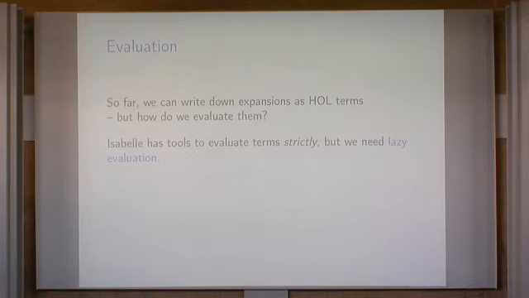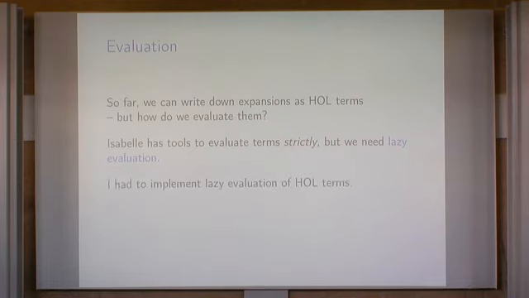Isabelle has, of course, several tools to evaluate terms, but always strictly. So this only works when you have a kind of a normal form, but we don't have this here because our lists can be infinitely long. We cannot just compute a normal form. We need a kind of lazy evaluation of whole terms.